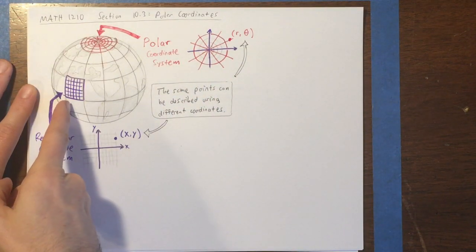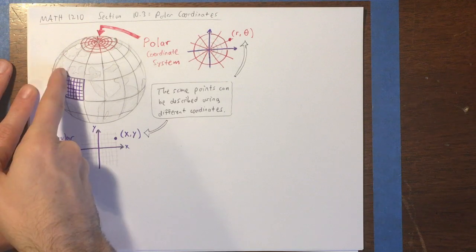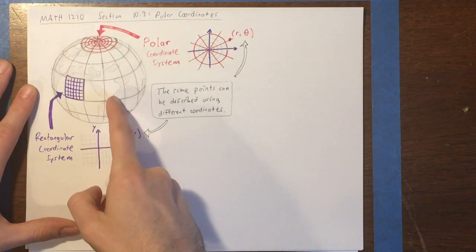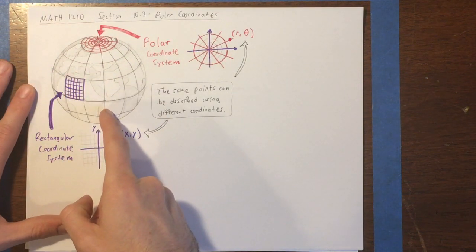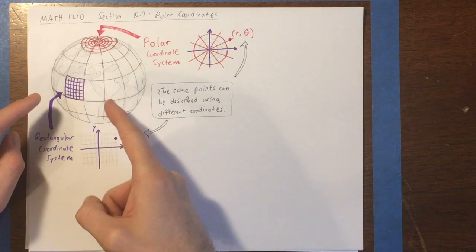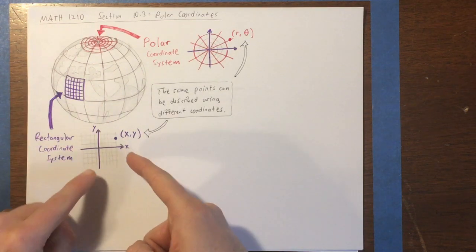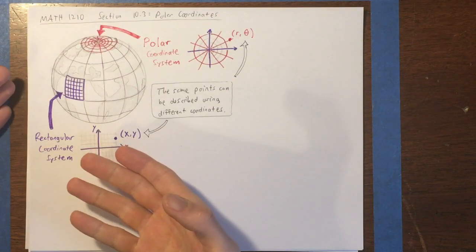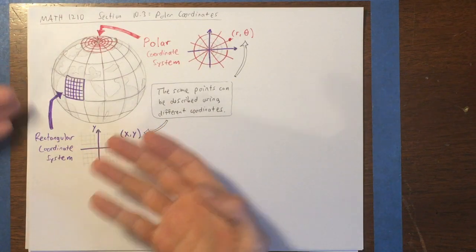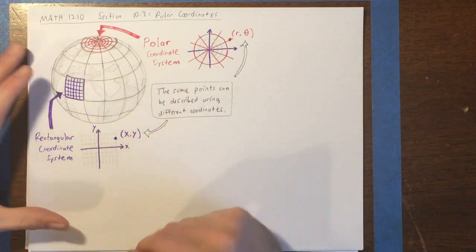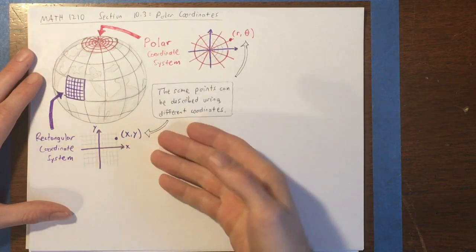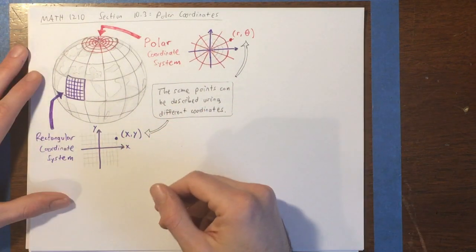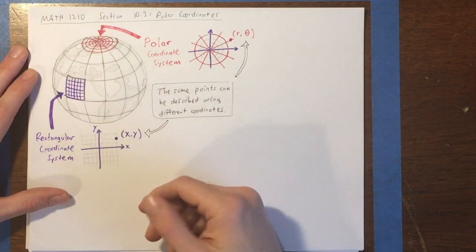So if you're in Africa, or North America, or even Europe, or anywhere really, the rectangular coordinate system turns out to be a good approximation, a good thing to use if you're going to draw a map or something like that. And the rectangular coordinate system kind of roughly aligns with the idea of latitude and longitude.